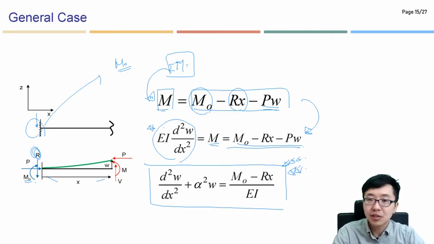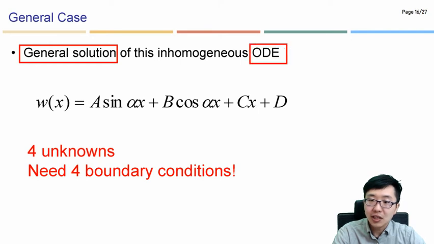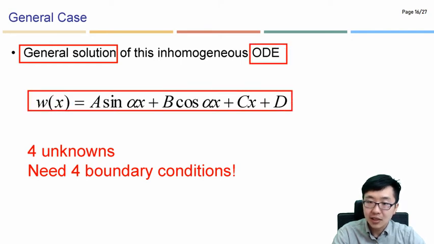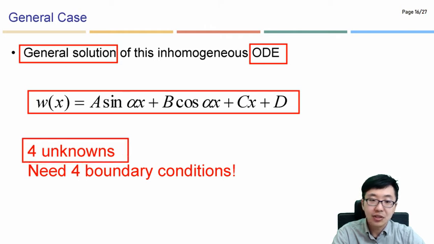Think about the boundary conditions, in order to get the general solution to solve this ODE. In this case, this shape of the deflection function can be selected to decide A, B, C, D, 4 unknowns, which means that we need 4 boundary conditions.